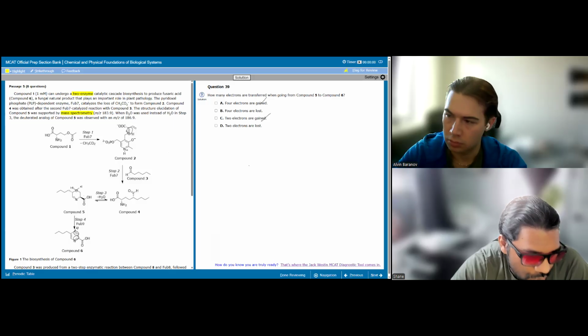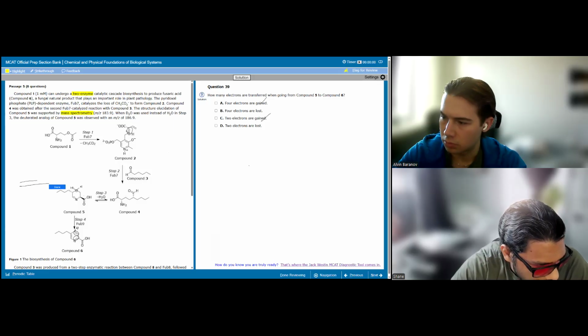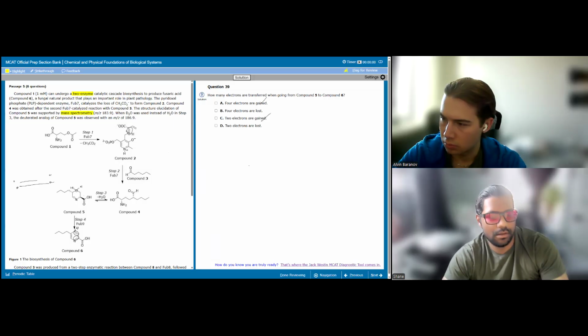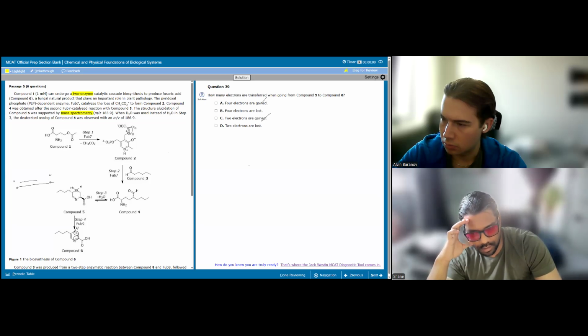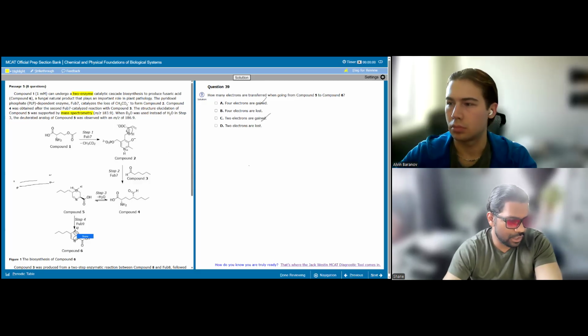We remove two hydrogens. We add a double bond.